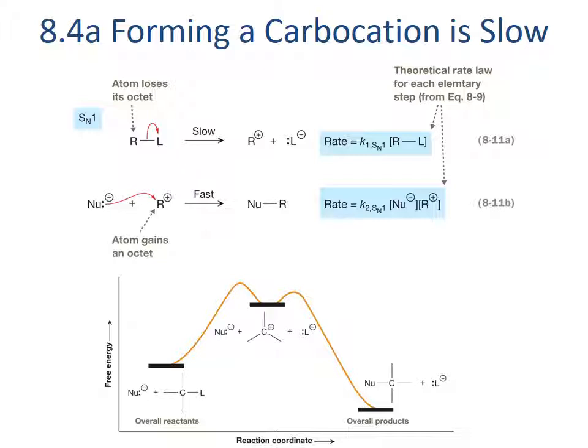If the first reaction is slow and the second is fast, we say the first reaction is rate limiting. The second reaction cannot go any faster than the first reaction, since it will quickly run out of reactants then. Therefore, the rate of the entire reaction, this entire substitution reaction, amounts to the rate of just the first reaction.